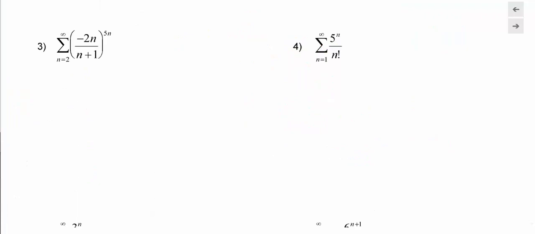Okay, here's our next example. We have the series that is going from 2 to infinity, and we're going to look at the sum of negative 2n all over n plus 1, all raised to the 5n. And so because I have everything in my series here raised to the 5n, I think this is a great candidate for our root test, because again, the nth root of something to the nth power is going to be very friendly.